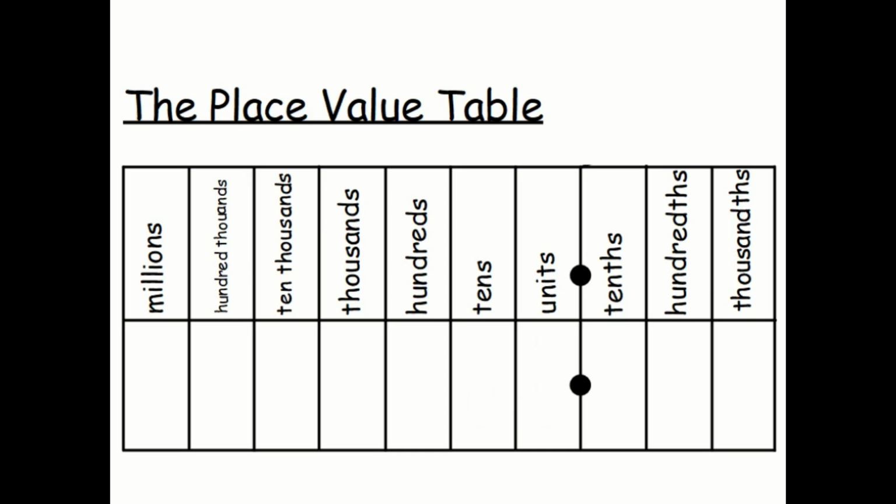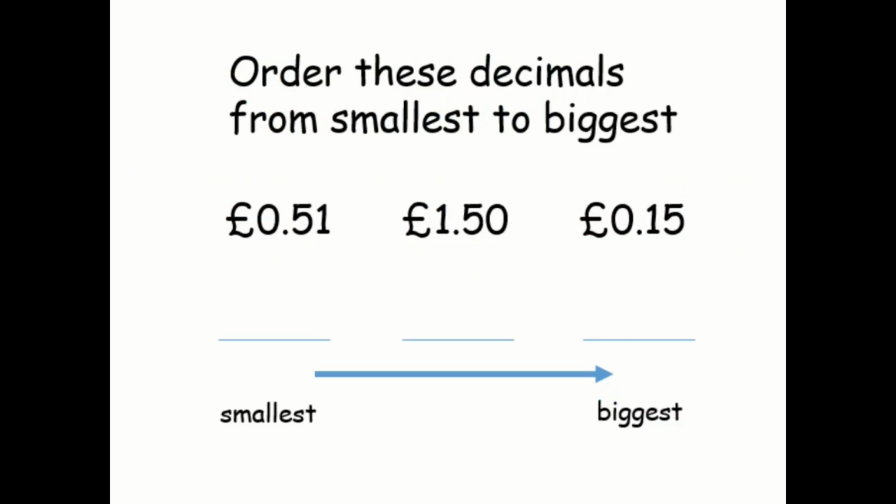And similarly, if you've got a 5 in this column, that's 5.0, then it is of greater value than if the 5 is in this column. So the decimal point is going all the way down this line here. Now this is really important when it comes to ordering decimals.